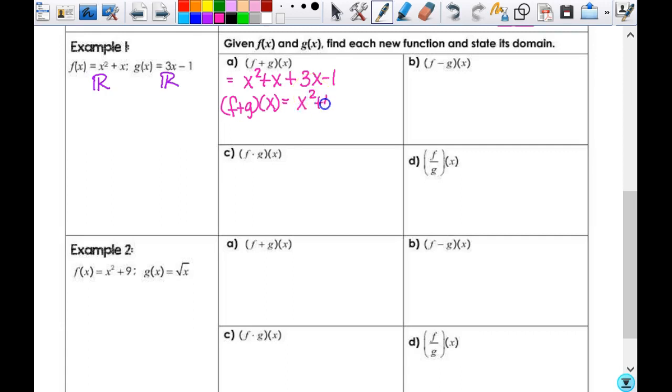Plus 4x minus 1. And then I have to look at the domain, right? So the domain here is the intersection of the two. So since they were both all real numbers, this is all real numbers. Everybody okay with all of that? You good?